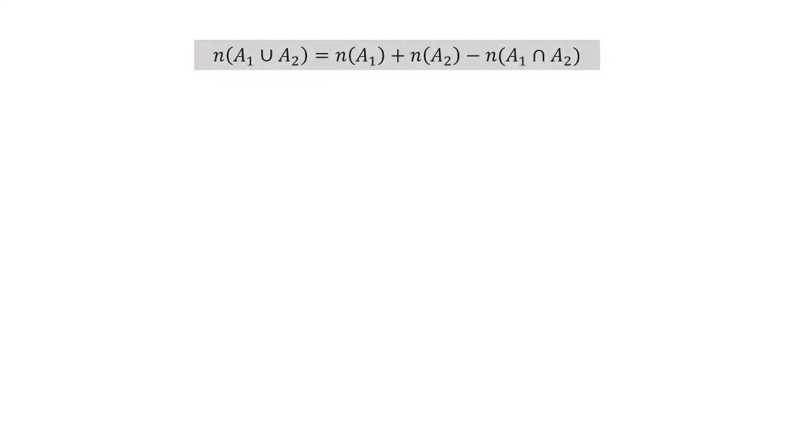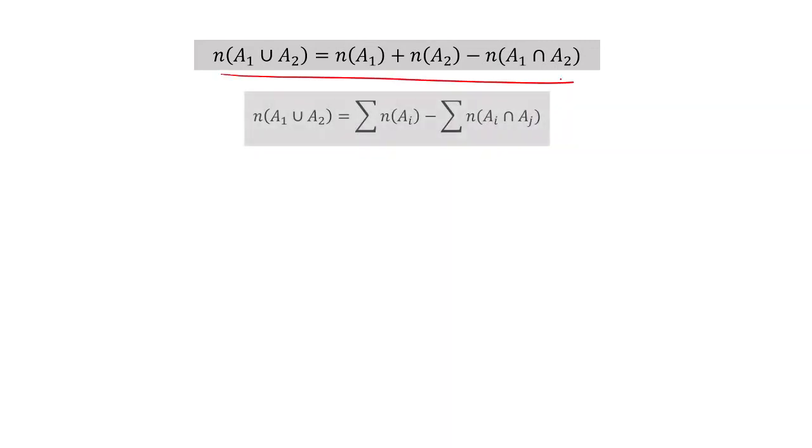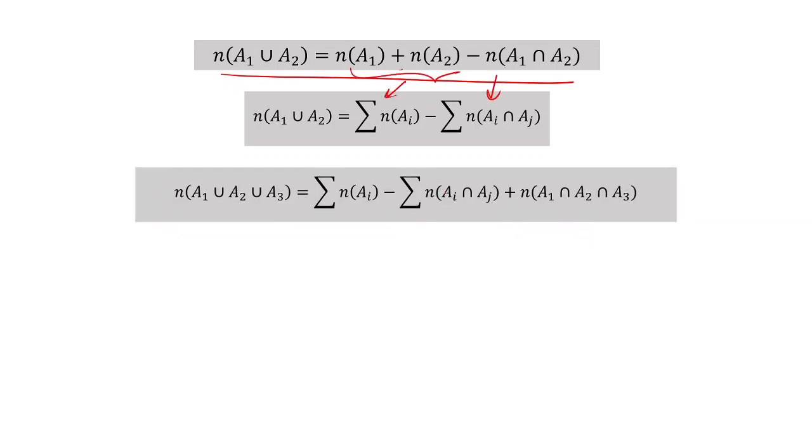Okay, so for 2 sets we had this formula. For 3 sets, which could be written in 2 levels, first and second level. For 3 sets, the formula would have 3 levels, first and second, and in the third level you have a plus sign. Alternating plus and minus is happening.